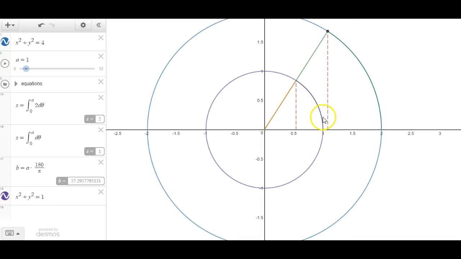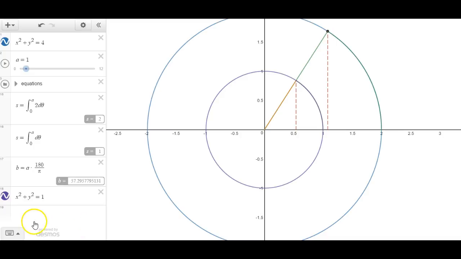This is going to work. The angle that's required to make the radius equal to the arc length, when they are equal, we end up with an angle of about 57.3 degrees, which is about 1 radian.